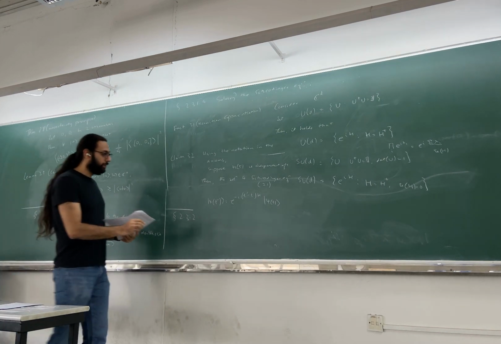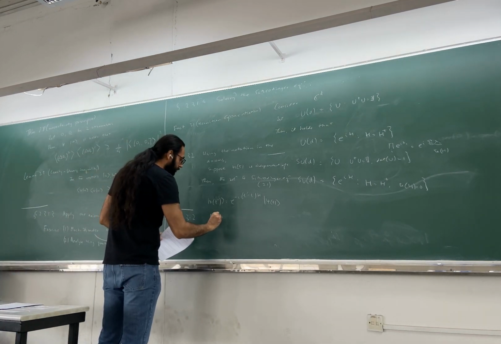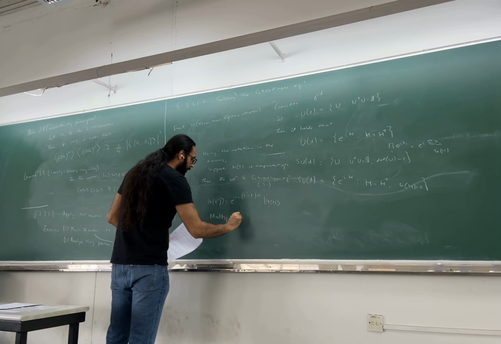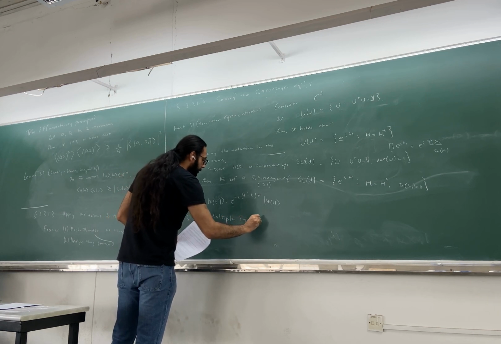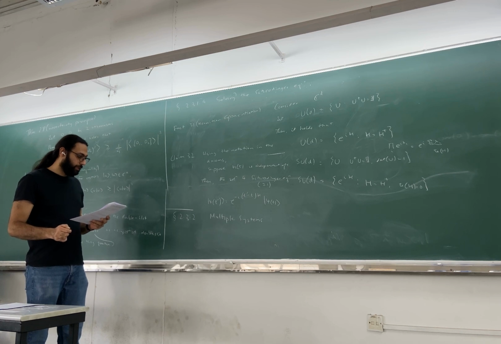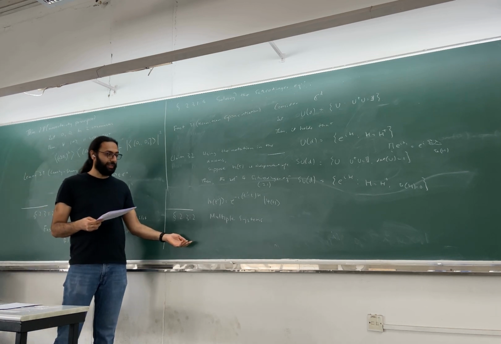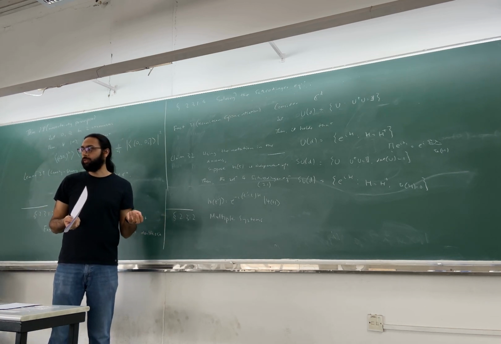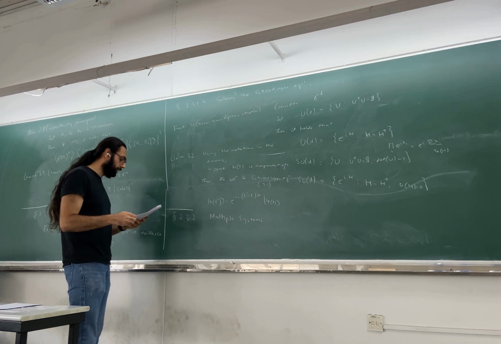So far we looked at a single system. We can now look at multiple systems. For this, we are going to introduce some notation. The idea is that we had a single silver atom. What if there are two silver atoms? How do you describe the dynamics in that case?